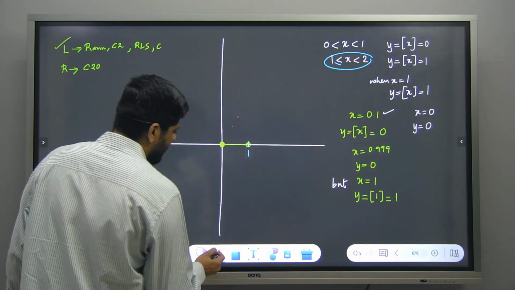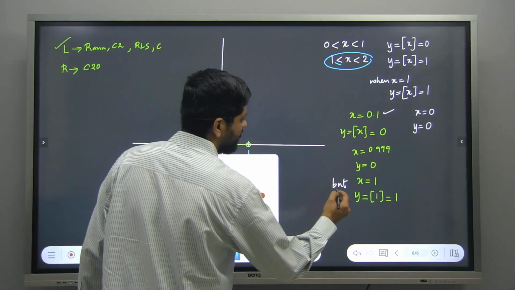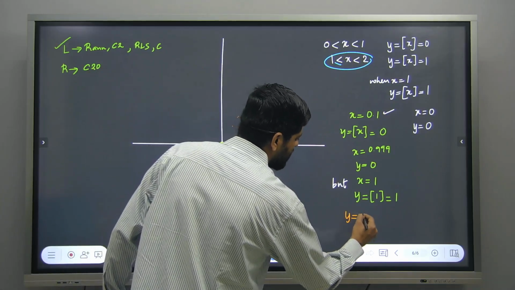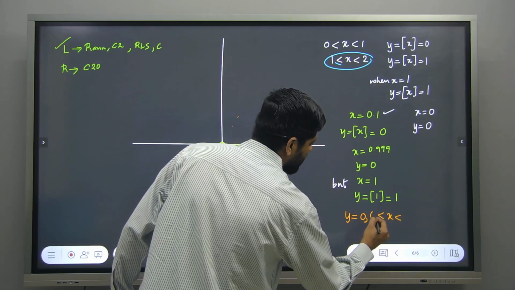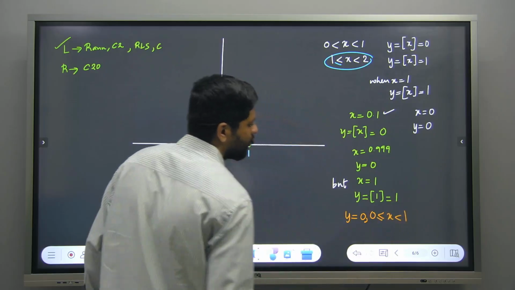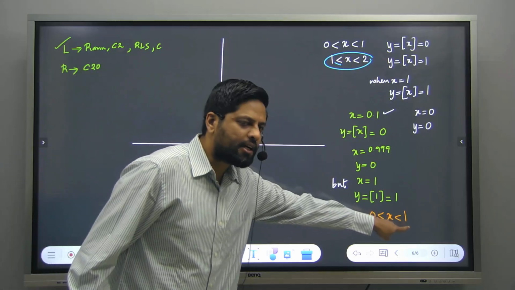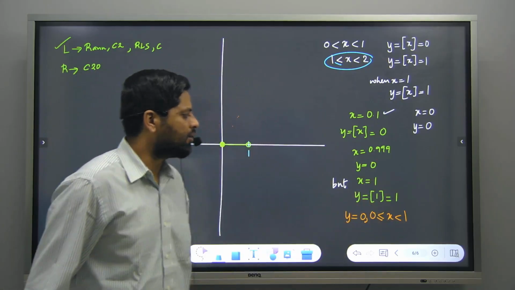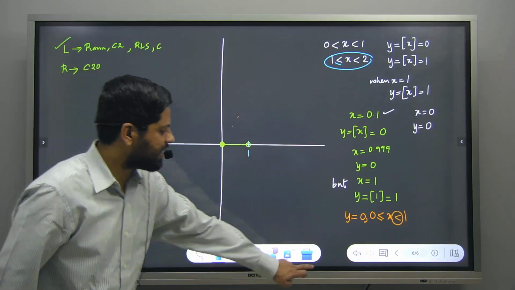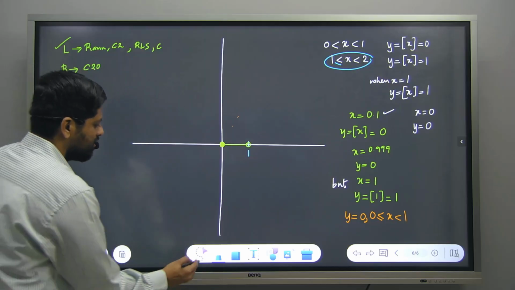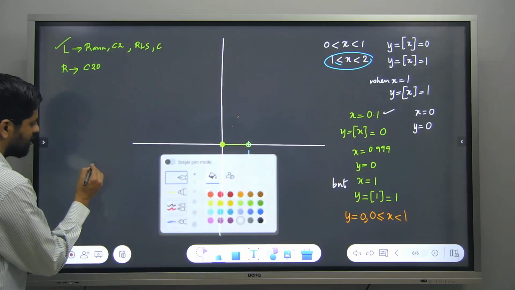So, y will be 0 for all the values of x from 0 until 1. But when x becomes equal to 1, y will become equal to 1. So, if you see, I have not included the inequality here. So, y will be equal to 0.